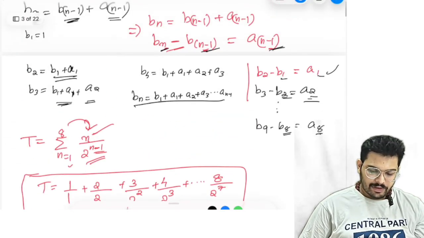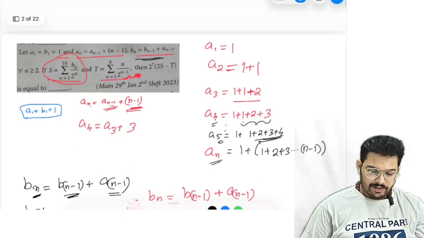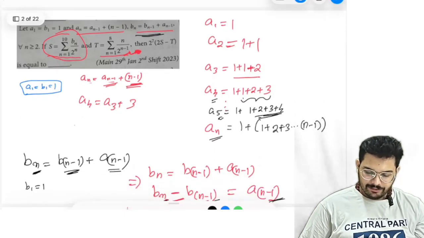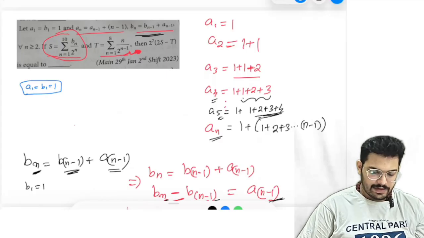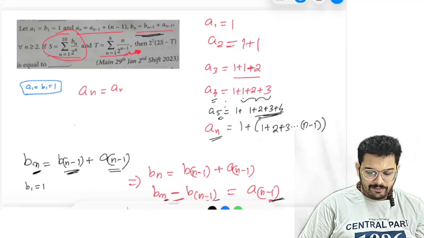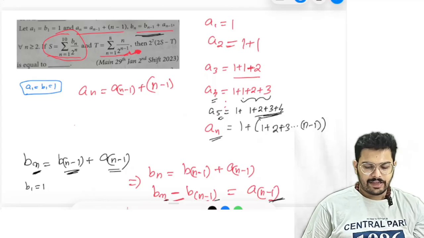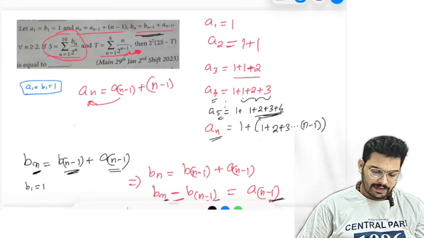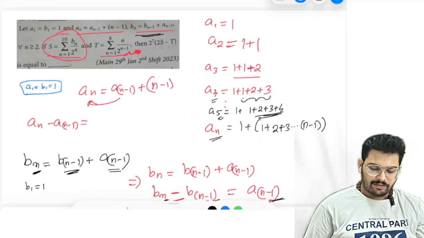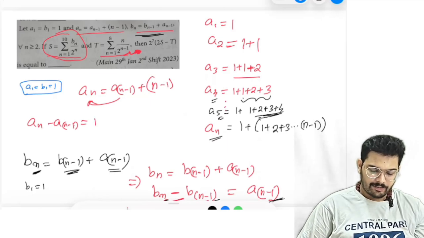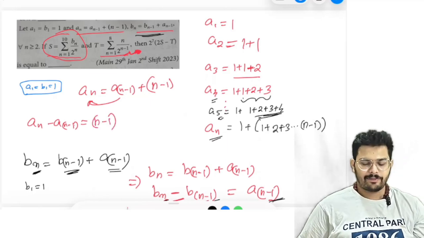Now if you observe this, the given relation is an equal to an minus 1 plus n minus 1. If you take this expression and bring it here, an minus an minus 1 will be equal to n minus 1, isn't it?